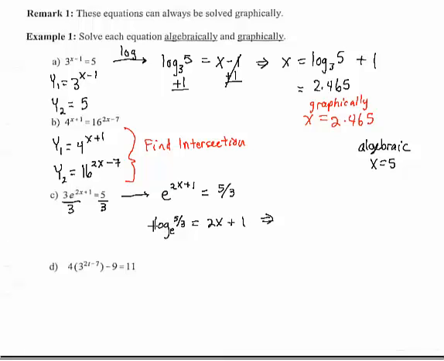Now a logarithm with a base of e is written as a natural log, ln.